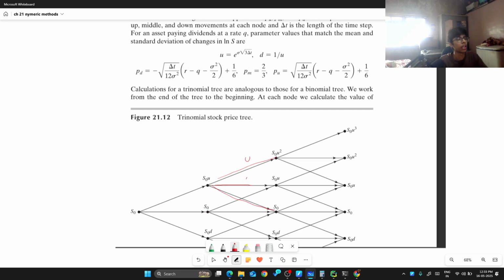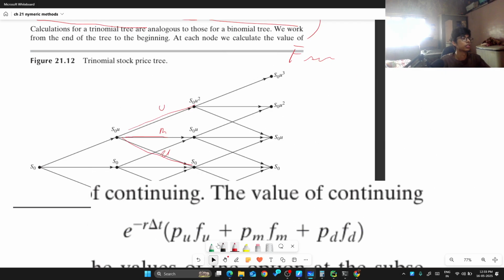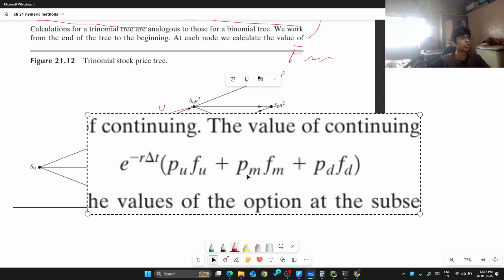The probability of an up movement is given by this formula, down is this, and the middle probability is this. These are given by the finite difference method, and we will see it later in this chapter. The final payoff is simple: we add all the probabilities, like e to the minus rt times p_u f_u plus p_m f_m and p_d f_d.